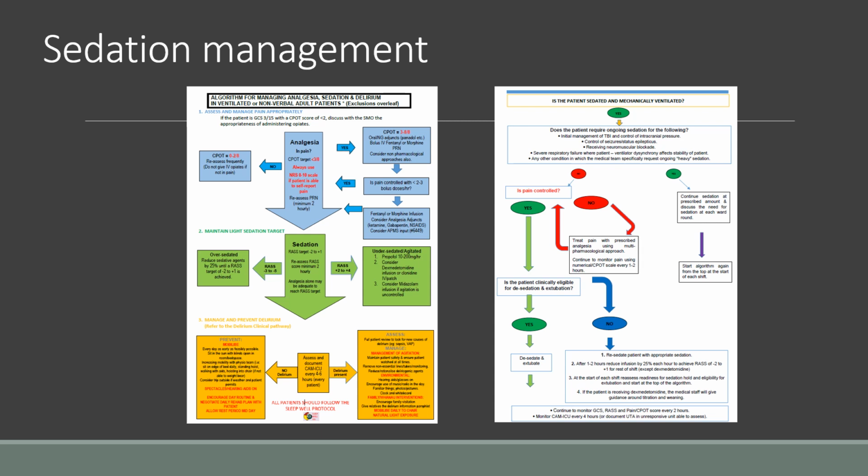There's also a delirium pathway, which I'm going to talk about soon. But basically all of this interacts and interrelates. And so you can see there in the middle is how we should manage our sedation according to the RAS target, how we should manage our delirium and CAM ICU delirium assessments, and how we manage our pain using our CPOT assessments.